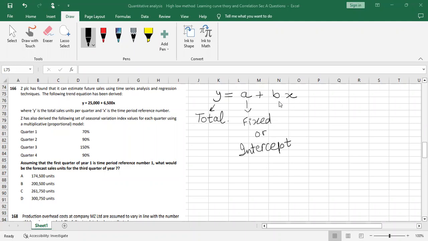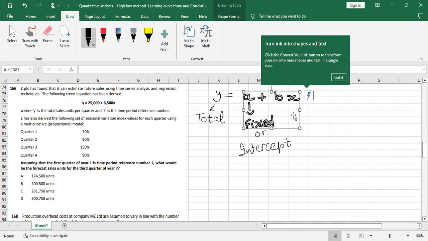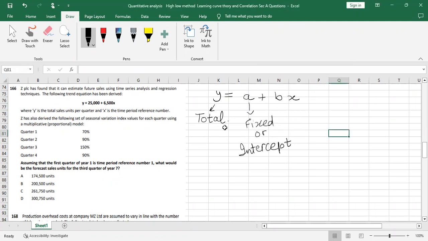Then we have B. B always denotes the variable portion. It could be variable cost per unit. It could be variable sales per $1, which we discussed in the last class.